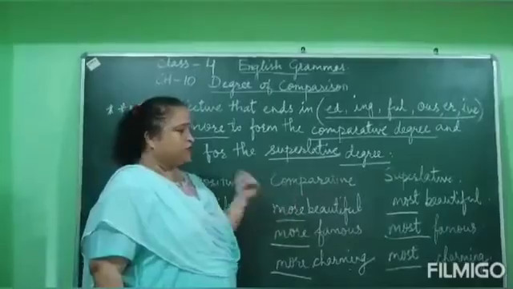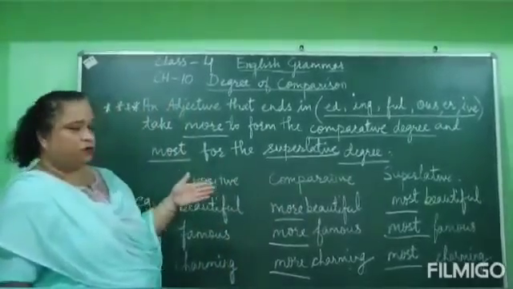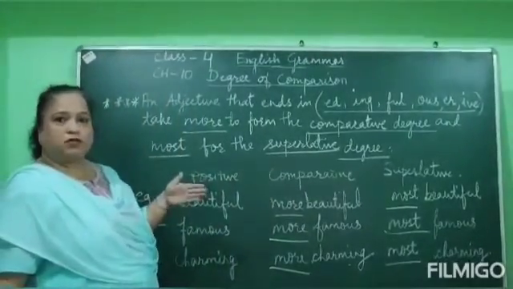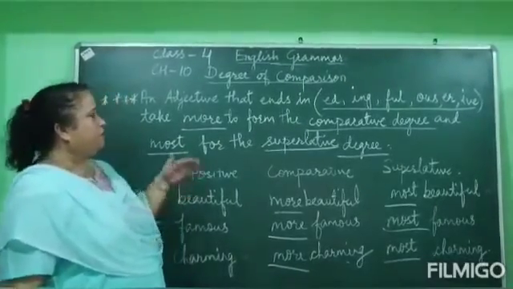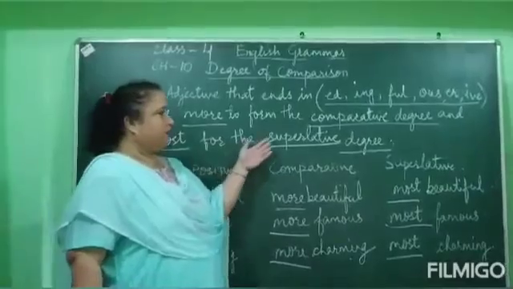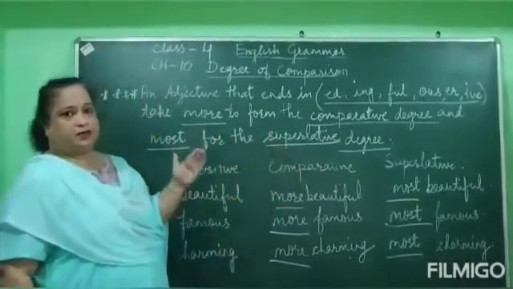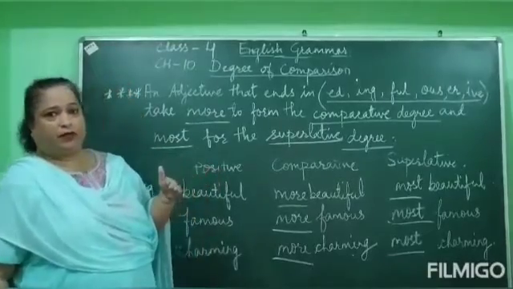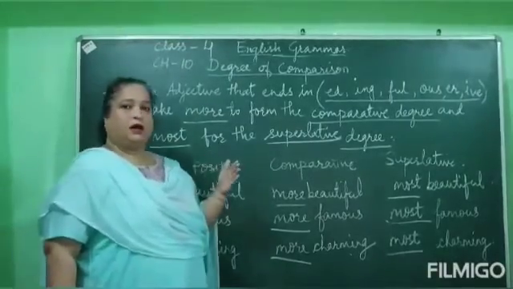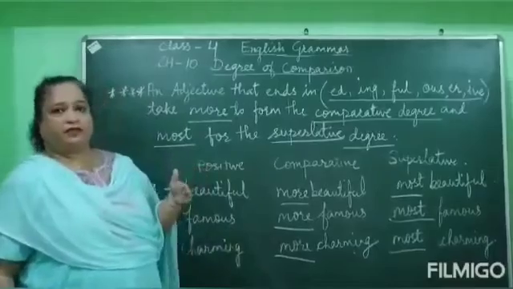We added most to this and it becomes Rosie is the most charming of all. So I hope children you have understood how to form comparative and superlative when your adjectives end with ed, ing, ful, ous, er or ive.